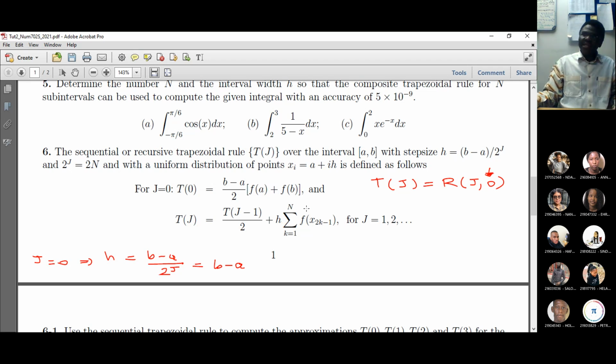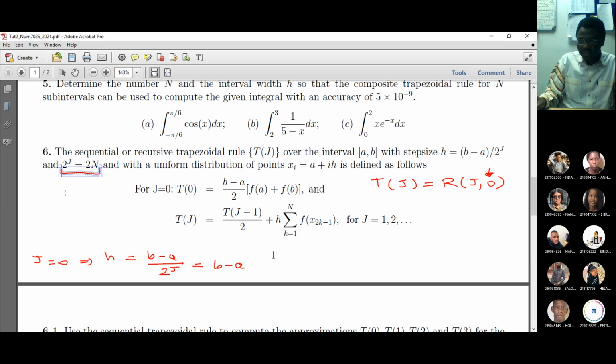It changes. So I can write h subscript j to indicate that it changes, right? Okay. Now, this n, what is that n? Number of subintervals. Am I right? No, not the number. Half the number of subintervals, you can see here. Because this is n, the number of subintervals, right? Now, this will be capital N from here.